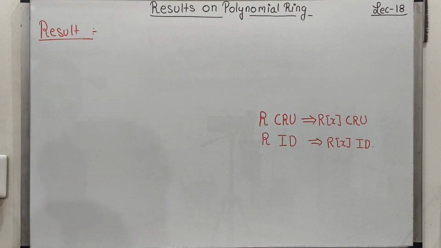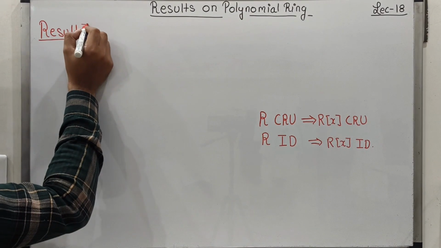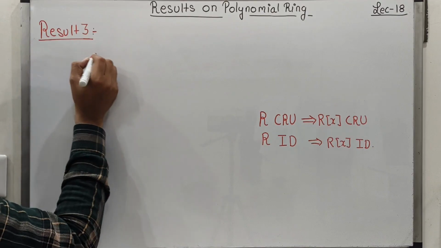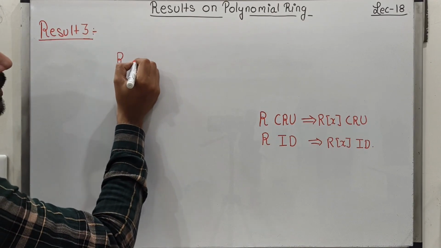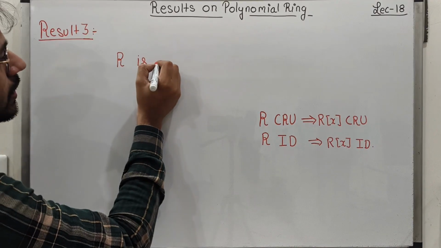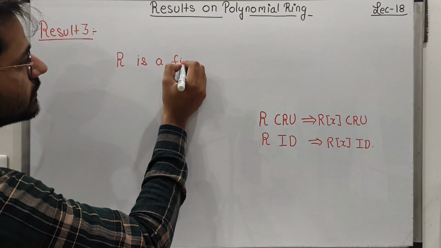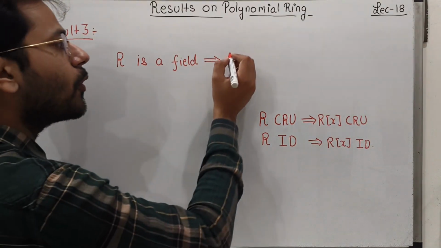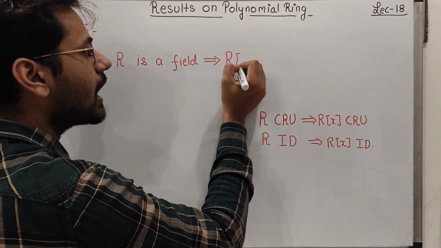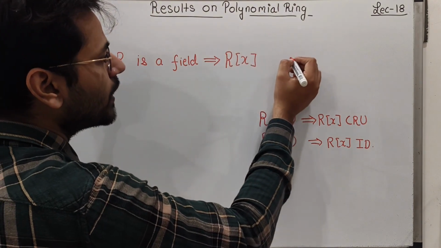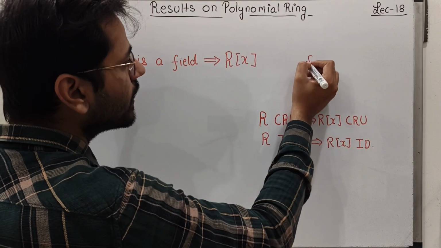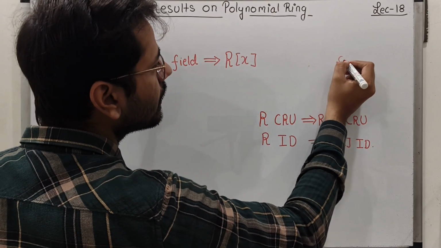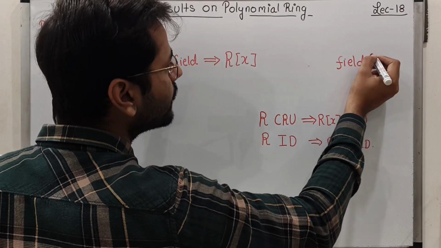So, today we are going to discuss result 3, in which we are going to find that if R is a field, then whether polynomial ring R[x] will also be a field.